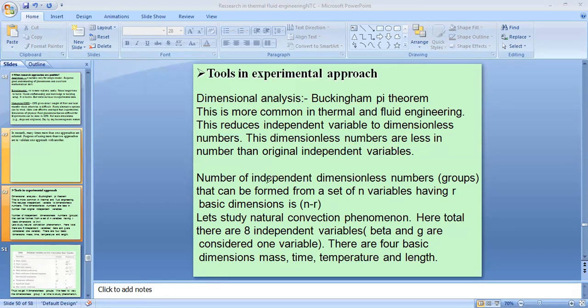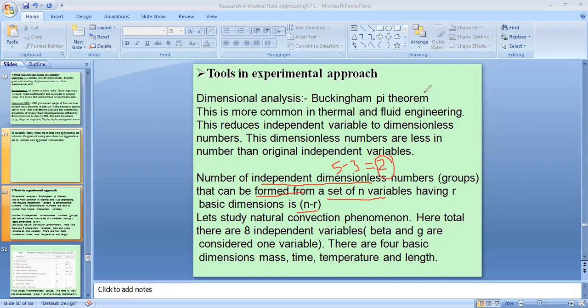The number of independent dimensionless parameters formed from n variables will be n minus r. Suppose there are 5 variables and the basic dimensions, like mass, length, time, are 3, then we get only 2 dimensionless parameters. We only need to vary those 2 dimensionless parameters.